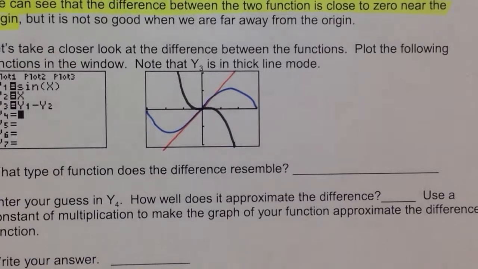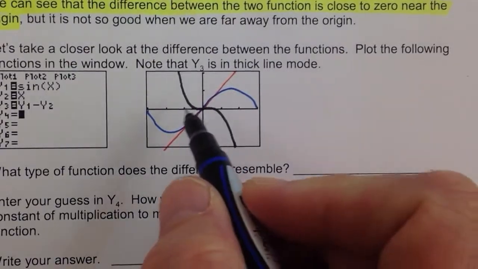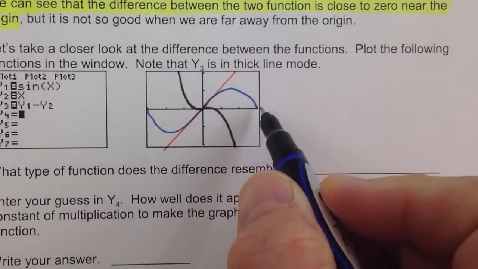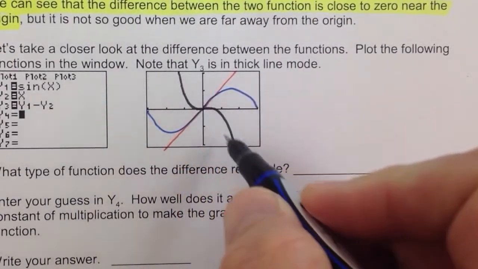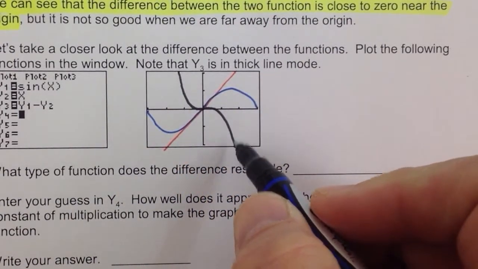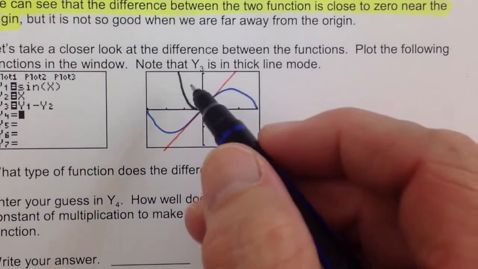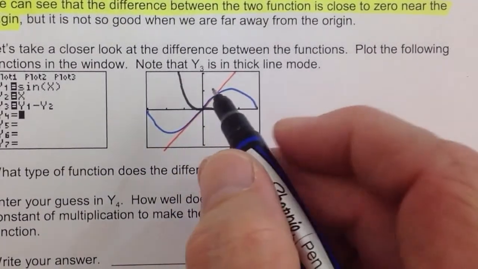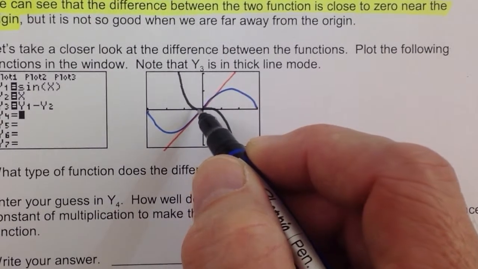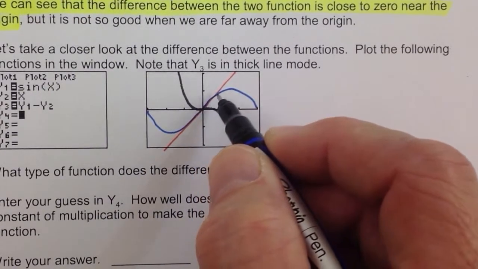At first I realize this might not make a whole lot of sense to you right now, but if it does, great. If you take the blue curve, which is the sine of x, and you take the red plus the black, you're supposed to get the sine of x. In fact, that's what you would get. The red plus the black would be equal to the blue, and you can see that the black represents the difference between the blue and the red.